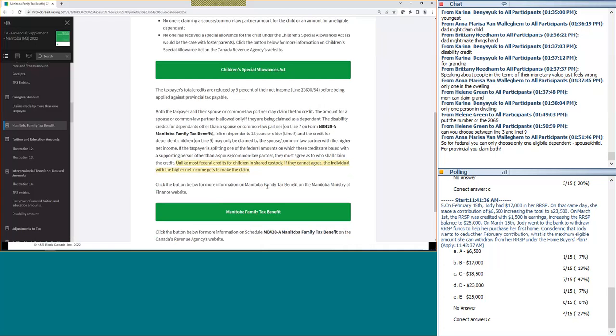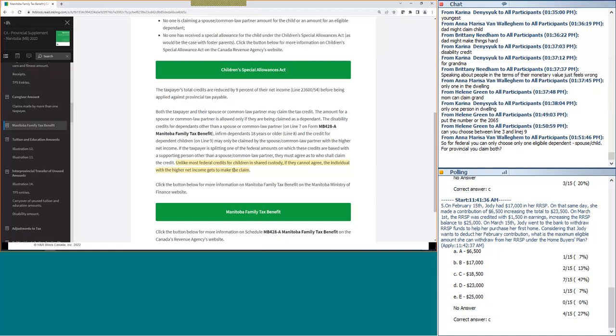I highlight this for myself. This is not for you guys. But the rule for Manitoba Family Tax Benefit is that if you can't decide who's going to claim the child because they have shared custody, there is a default tiebreaker. Normally, the rule is you have to pick, just work it out among yourselves.